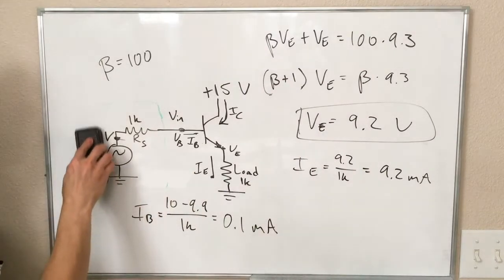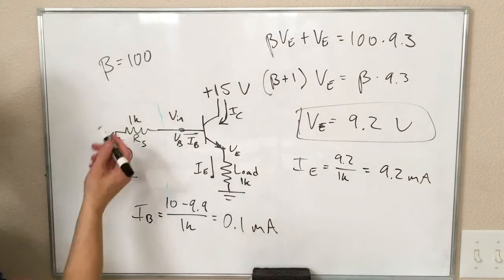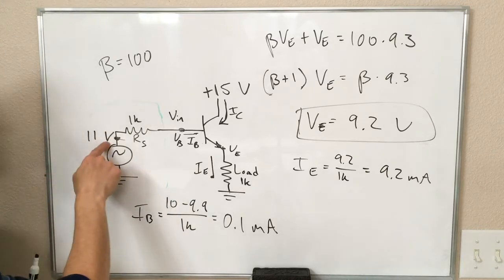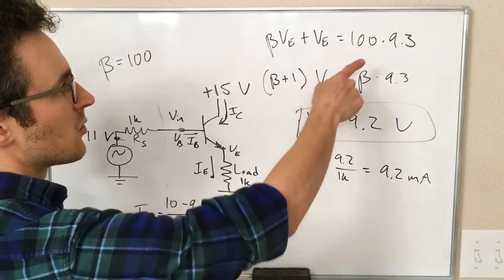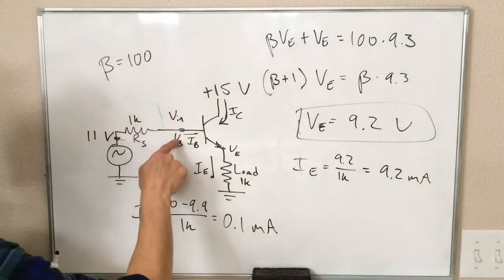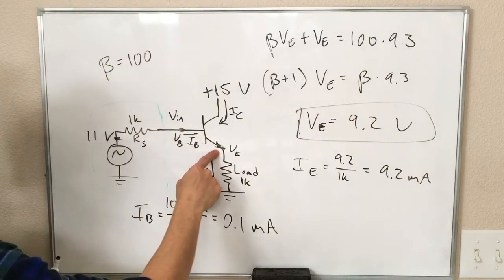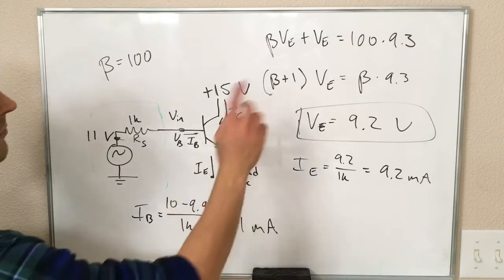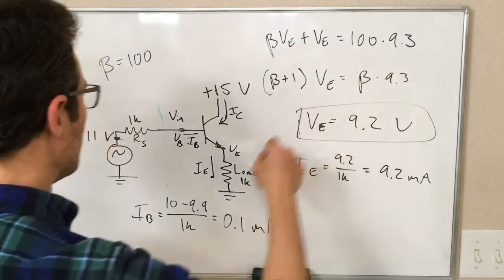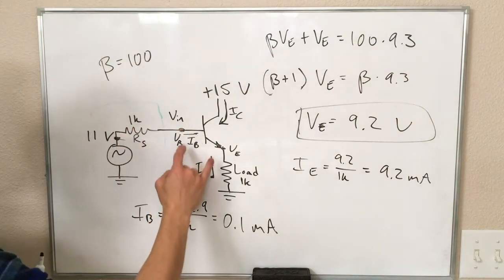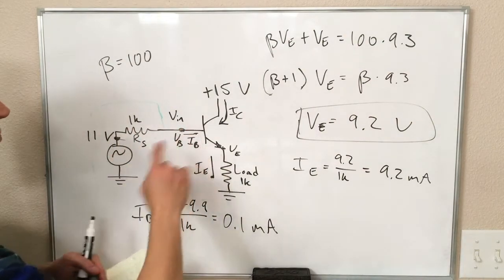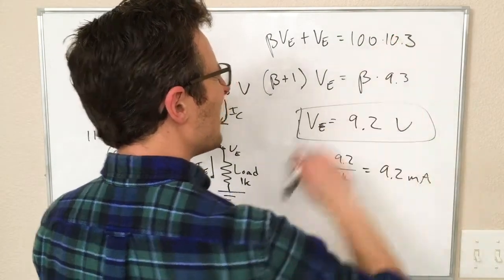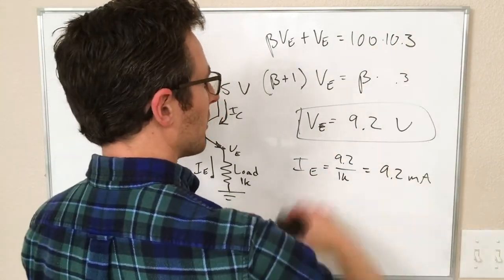If we change this number to, say, 11 volts, let's just go with that, then this 9.3 came from the 10 minus the 0.7 volt drop. So that's going to be 11 minus that 0.7 volt drop. So this is going to be 10.3, and this is going to be 10.3.